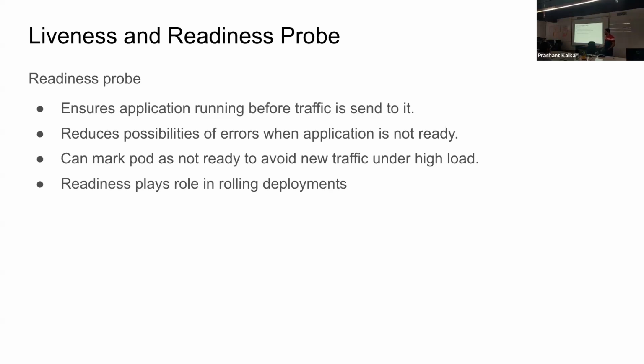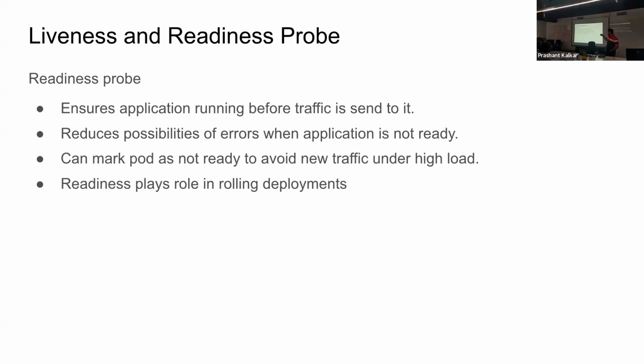So readiness is defined from the point of view of whether the application is ready to serve the traffic. Liveness is defined from the point of view of whether the application is up as a process. But there is another crucial difference, which decides whether I want to use it and how to use it.